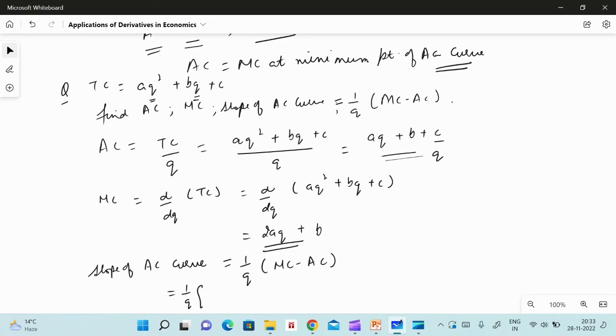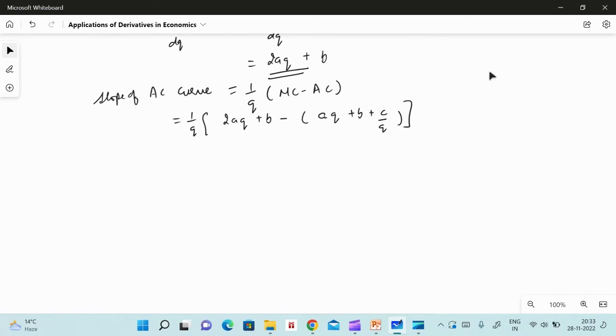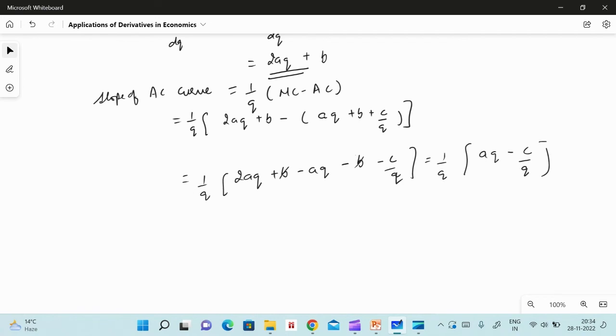And we know that marginal cost is equal to 2AQ plus B, and average cost is equal to AQ plus B plus C by Q. So moving toward the next step, I will get 1 upon Q times (2AQ plus B minus AQ minus B minus C by Q). So this will cancel, and I will get 1 upon Q times (AQ minus C upon Q).